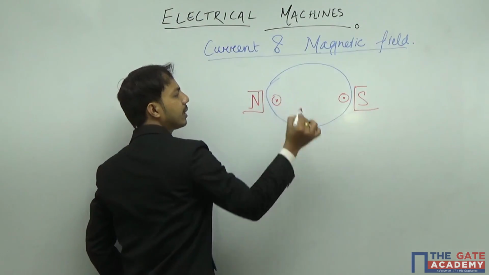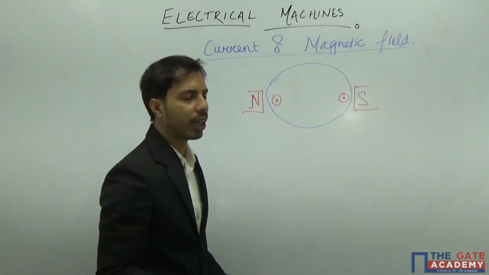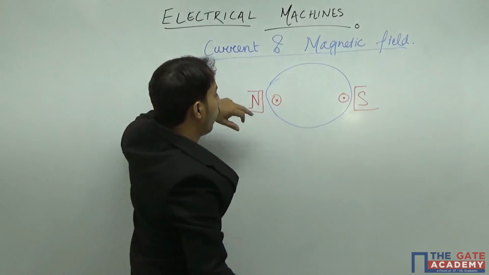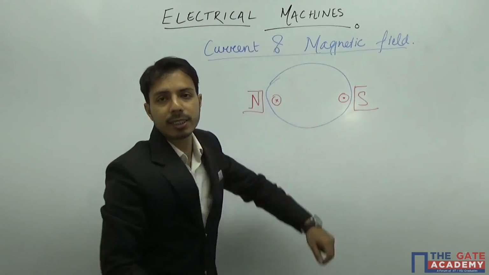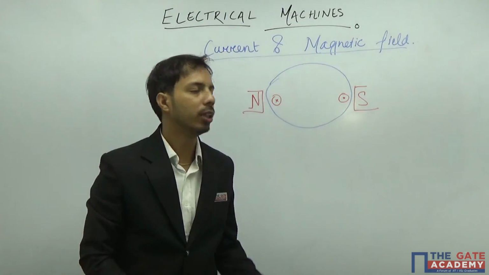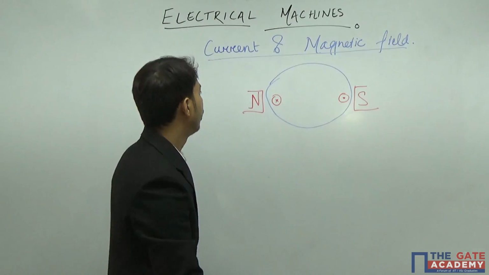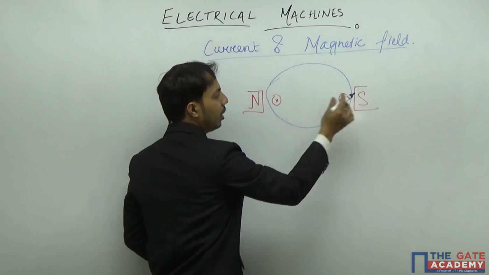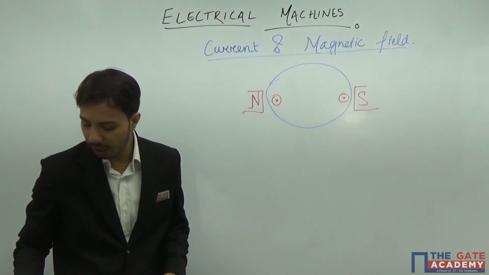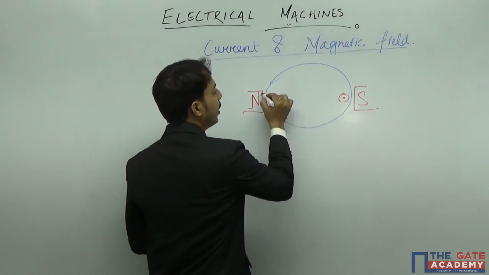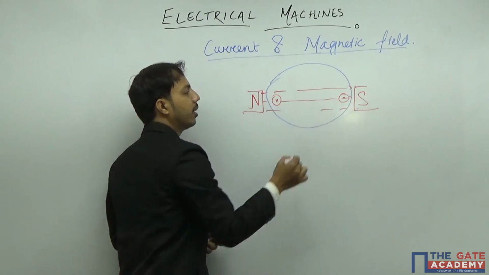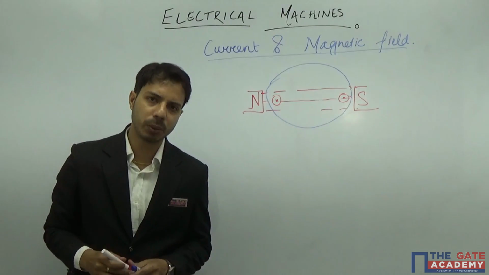The rotor will rotate when the conductors in that rotor experience a force. Whenever there is a field and in that field I have current carrying conductors, these conductors are going to experience force.